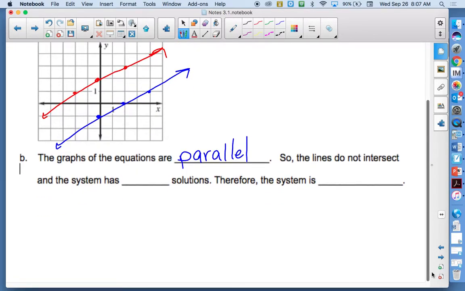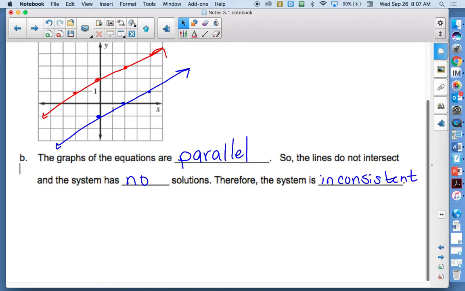The lines do not intersect, the system has no solution, therefore it is inconsistent. So consistent has one answer or many answers. Inconsistent means parallel lines do not intersect, there's not a solution. Any questions?